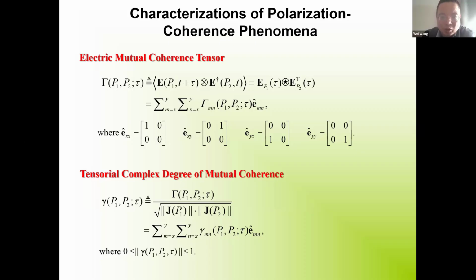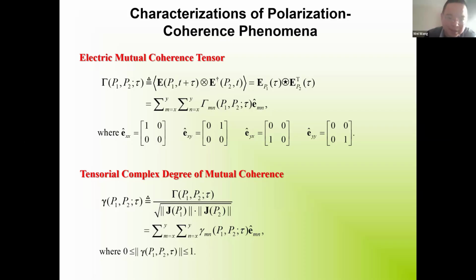This tensorial complex degree of mutual coherence has 4 components. Here gamma represents the 4 components, and E hat represents the basis vectors.